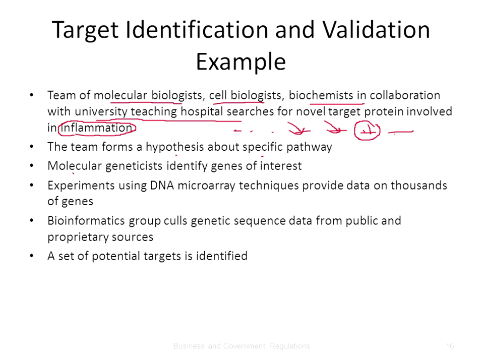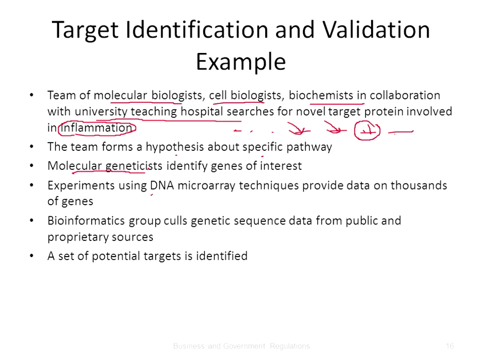Once you have a hypothesis, the molecular geneticists will identify the genes of interest for that particular protein. So that's how molecular genetics, molecular biologists get involved. Then you might use a technique like DNA microarray technique.